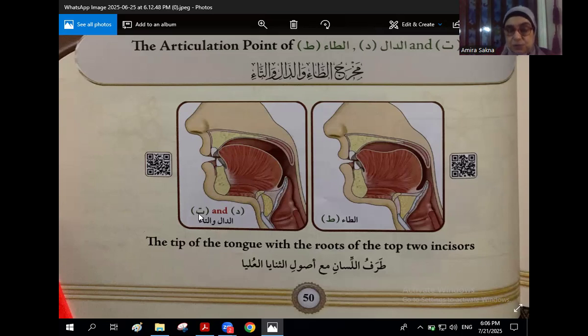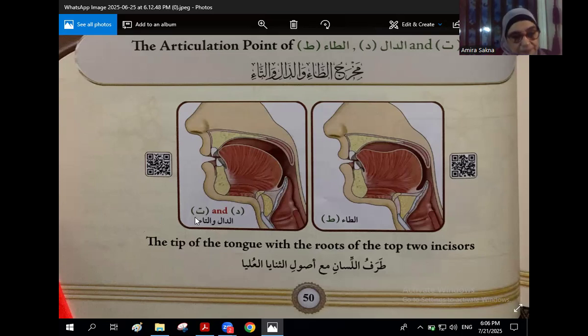This is also a main difference. So I say ad, and I say at. If you open the articulation point suddenly when you pronounce the Ta, as you do with Dal, you will apply qalqala to Ta. At, no. Only open it kindly and only allow the breath or the air to pass through the articulation point after being opened.